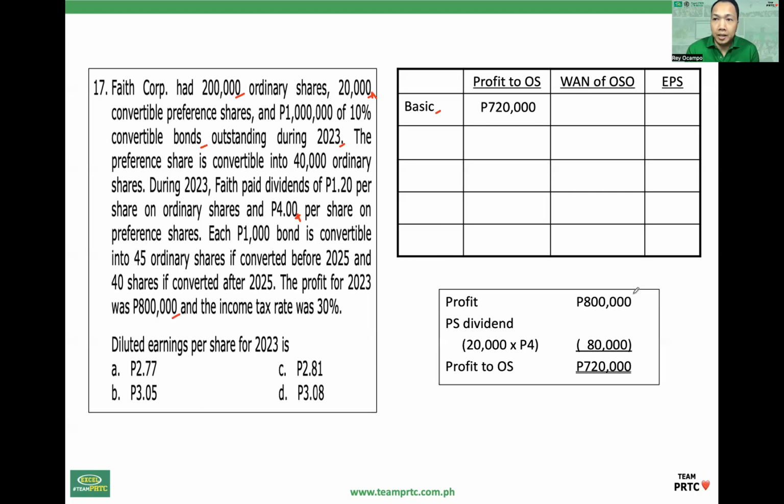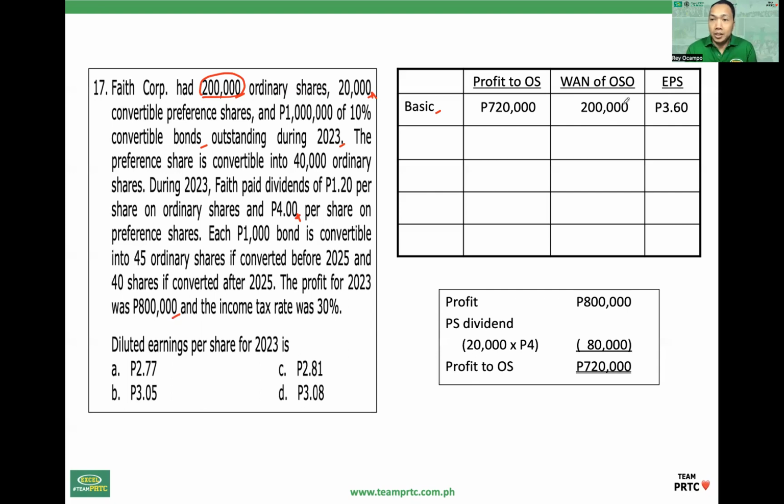Okay, divide by the denominator. So 1 of also, so that is 200,000. So no changes in number of shares outstanding during the year. So numerator, denominator. The basic EPS is 3.6.